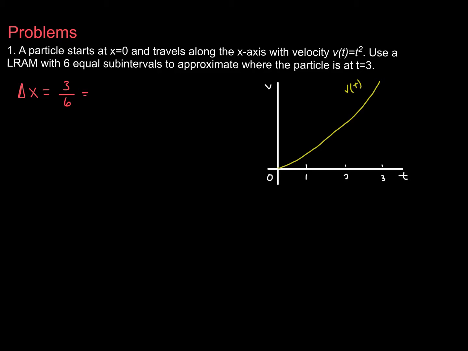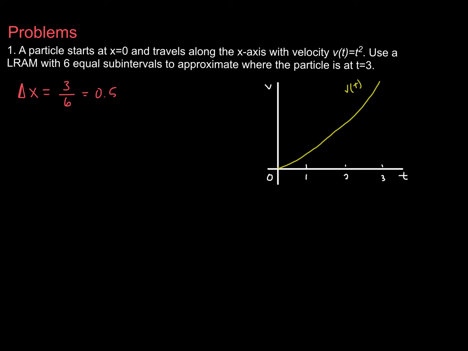Or in other words, each of these delta x's is going to be half a unit, right? So I think about my starting point at 0, and then delta x, or one interval to the right, will be at 0.5, the next one will be at 1, then 1.5, then 2, then 2.5, then 3, right? They're all going to be equal subintervals, each with a length of 0.5 seconds.